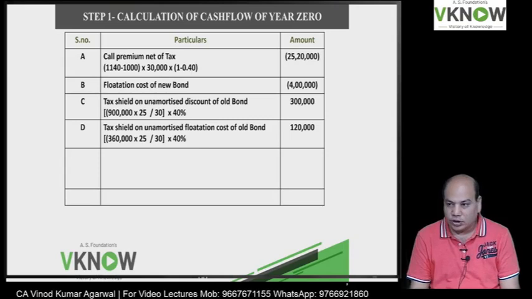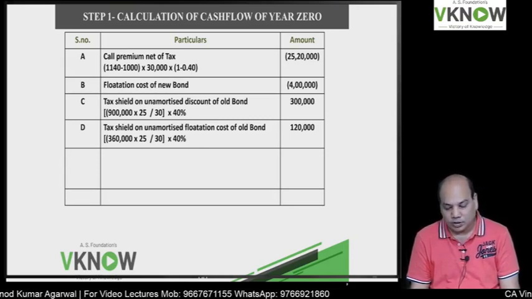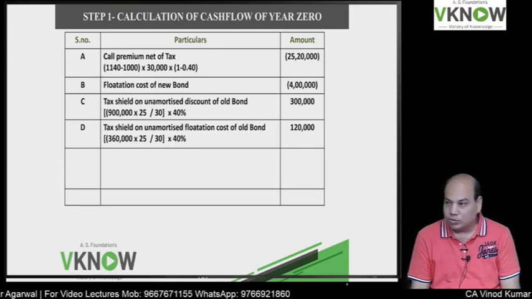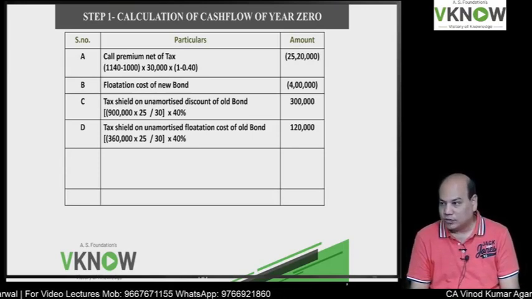Take 3,60,000 into 25 by 30 and that you multiply by 40%. Is it 1,20,000? Do you have any more outflow in year 0? Guess. Last paragraph, read and guess.